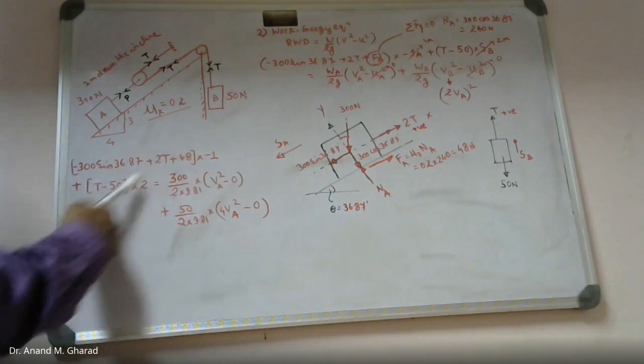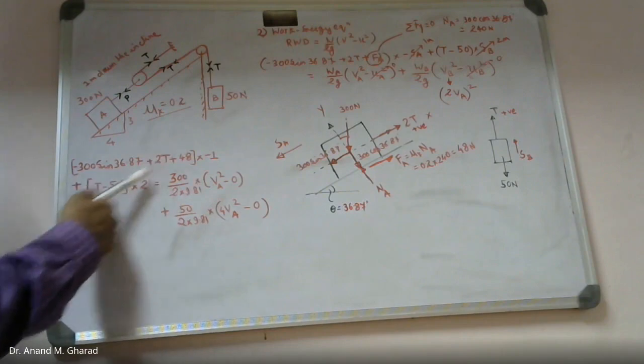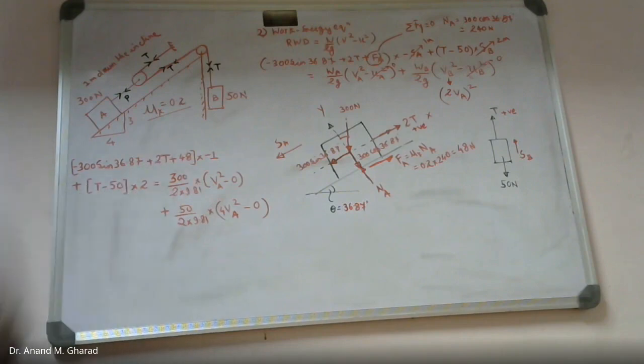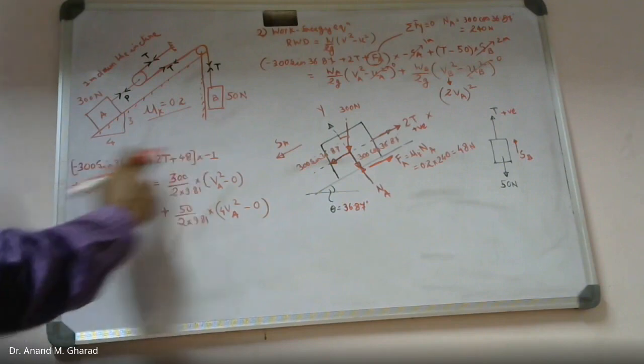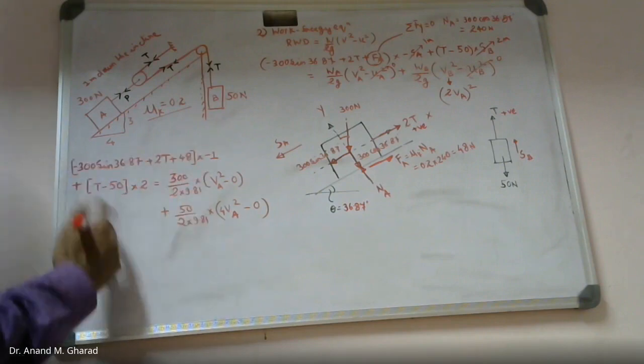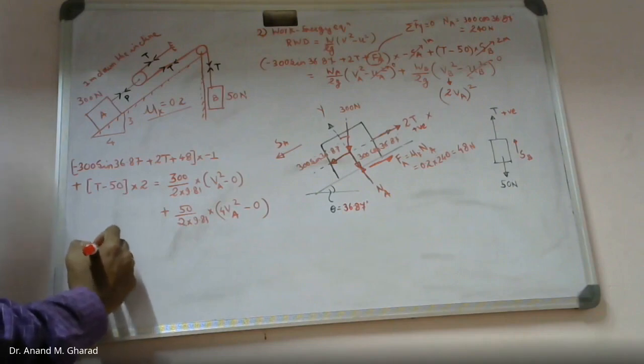When you expand this equation, you see this 2T and this 2T will get eliminated. Just try to expand this, and from that elimination you will get VA value.